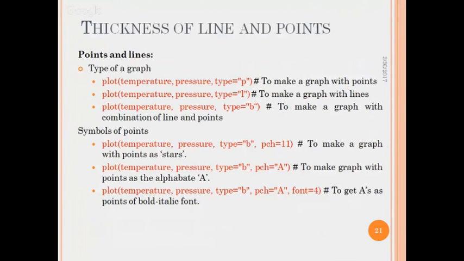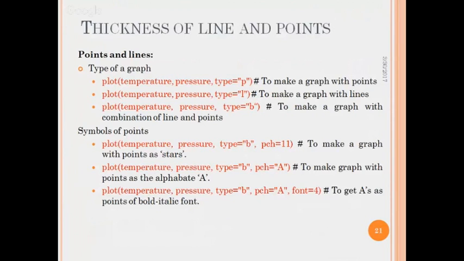If I'm using type equals to b, b means graph with both lines and points. PCH, another argument I told you, has values between 0 to 25. So either you write pch equal to 5 or 2 or 3, or you can give the character that you want to display within double quotes. All those examples are displayed here.